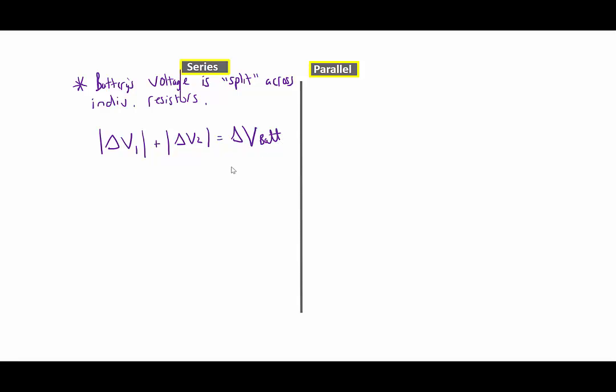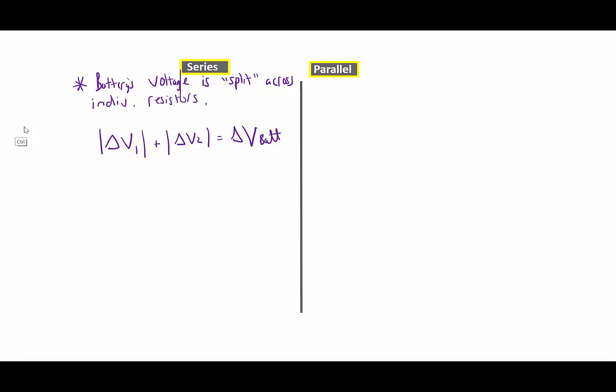For example, I had 4.5 volts plus 4.5 volts equals the 9 volts of the battery. That voltage got split across the individual resistors because they were all in a row. Once the electrons lost energy at one resistor, they lost the rest at the next, and that was all equal to what was available from the battery. This is the loop rule we talked about, where energy is definitely conserved.